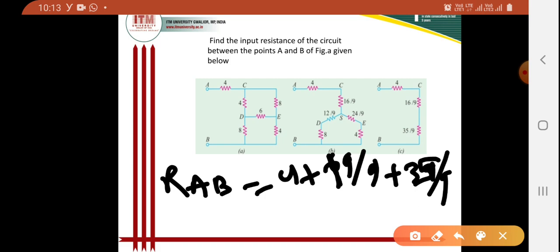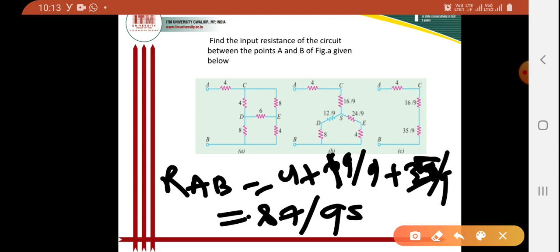Clear? When we add these three resistances, RAB comes as 87 by 9 ohm.